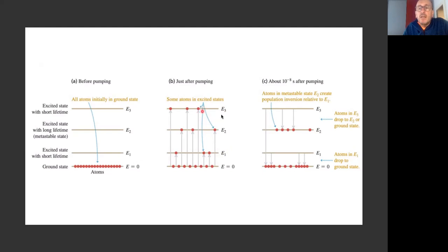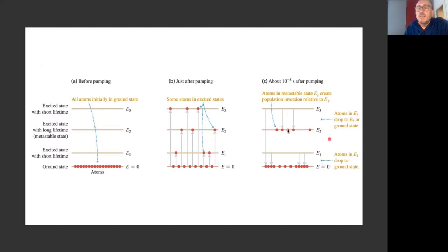Some of the atoms that were here will decay to the ground state, and others will decay to this excited state here. Since the time is very short, about 10 to the minus 8 seconds, which is the decay time of E3 and E1, E3 and E1 will be empty.